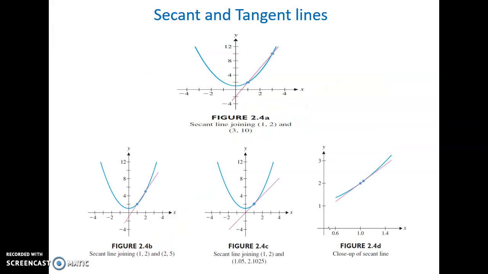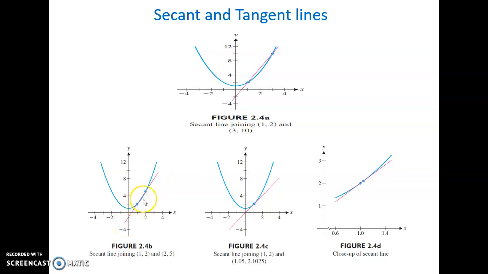So in that case, let's see some examples here. I have a graph for some function which is shown in blue. Then I draw a secant line joining the points (1, 2) and (3, 10). So this is the red line. If I take a still closer point, instead of (3, 10), if I take (2, 5), then the secant line is this.